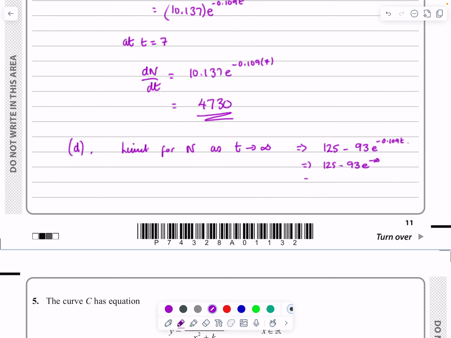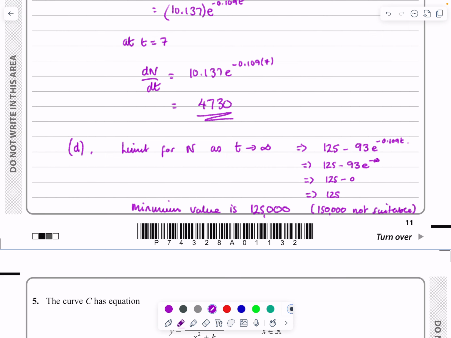So it's 125 minus 0, so it tends towards 125. So the maximum value is 125,000. So if that's true, then the model of trying to make it to 150,000 is not suitable.